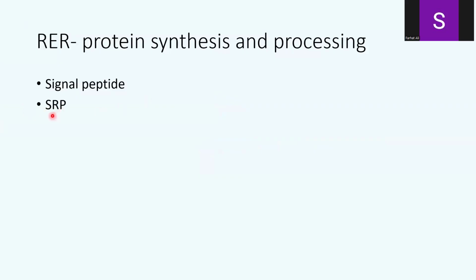There is a complex in the cell called the signal recognition particle, abbreviated as SRP. The SRP is a complex which scans the newly synthesized proteins and looks for a potential signal peptide. If a signal peptide is detected, the SRP is going to bind to the complex and pause the process of protein synthesis.